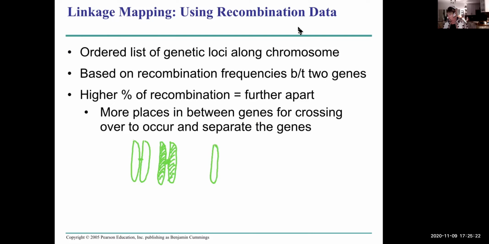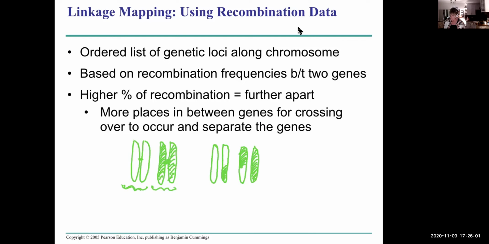After they've crossed over, one of these homologues might have a little bit of the other one. So now you have a recombined chromosome. You started off like that with the same genes.